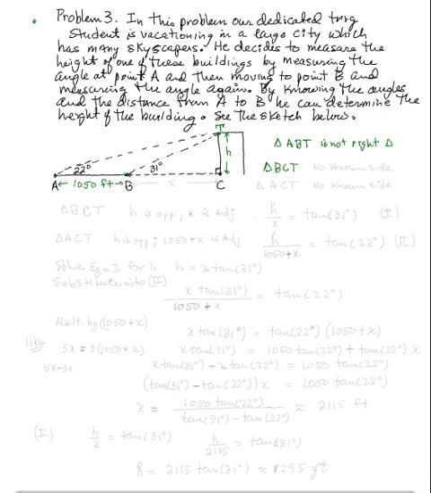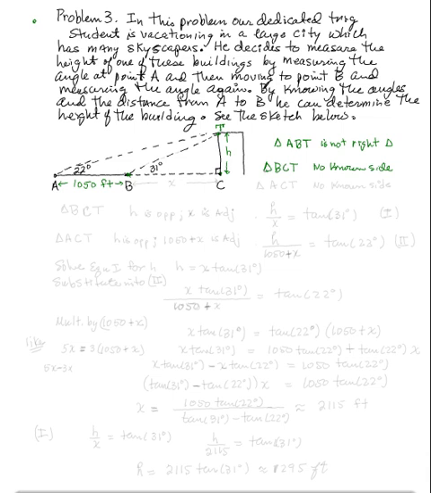Unfortunately, if you look at the problem statement, we don't have a known side. So we don't have enough in triangle BCT to solve the problem. No known side is a problem here, but that's what we've got.